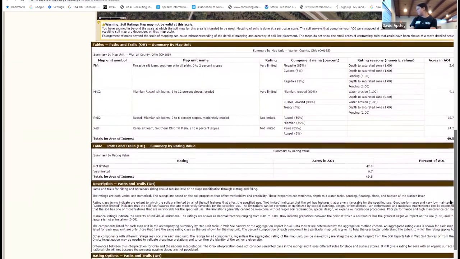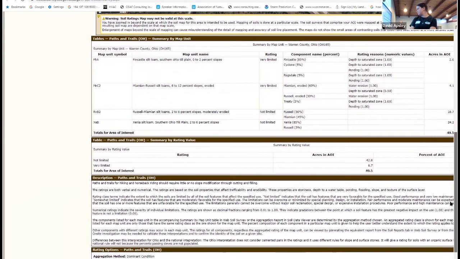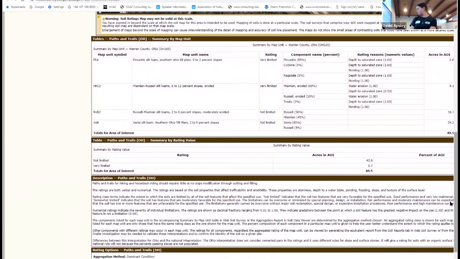Here it is. Numerical ratings are the severity of the limitation, ranging from 0.01 to 1. So 1 means that it is most severe. It's a very severe limitation. Like depth to saturated zone here is only 0.5, so it's not as severe as some of these others. If it's a 0, it's not severe at all. If it's 1, it's bad, and then there's all of it in between.